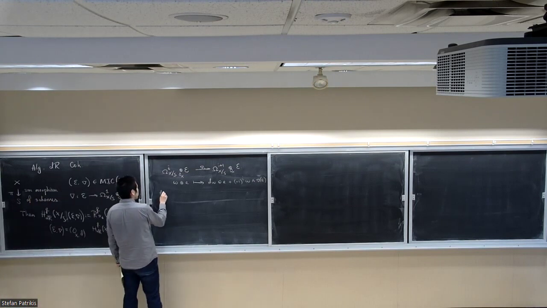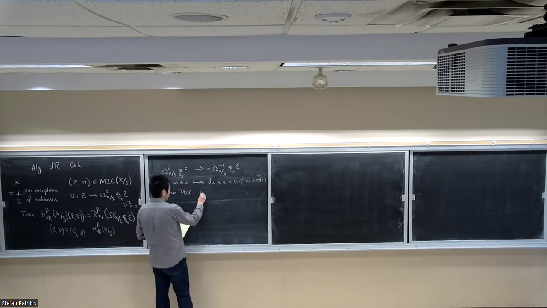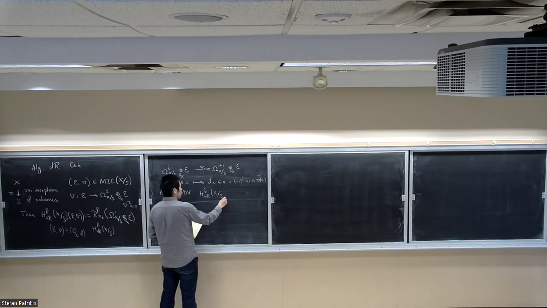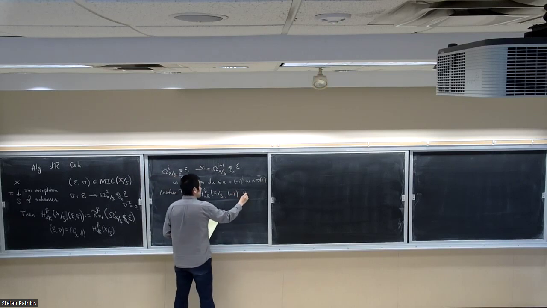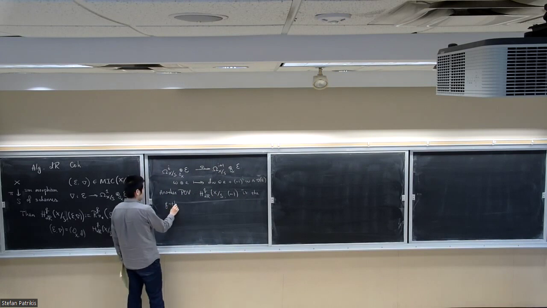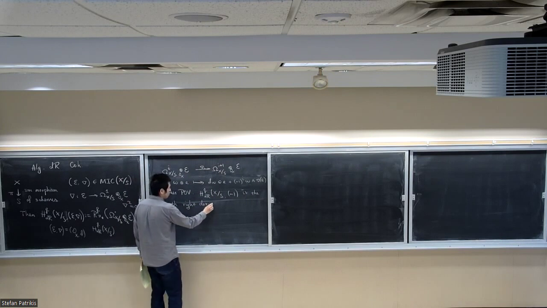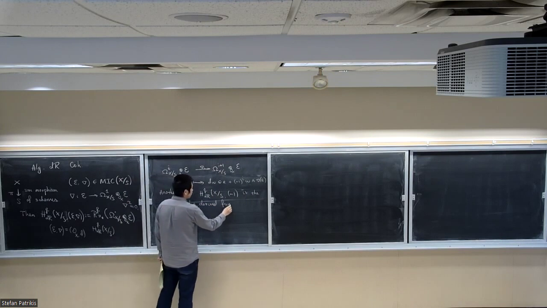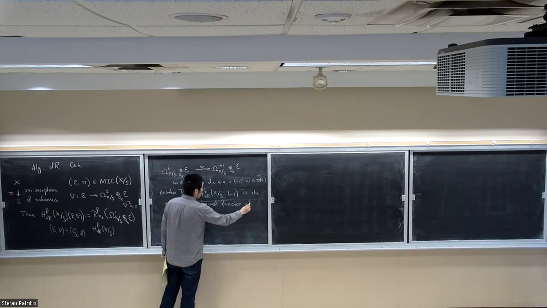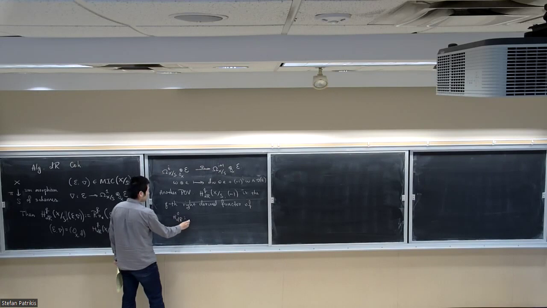Here's another point of view on what this object is. H^q de Rham of X is the q-th right derived functor of the following functor.